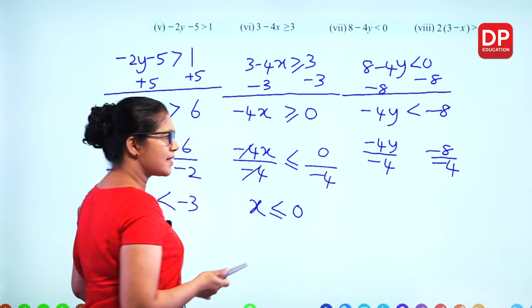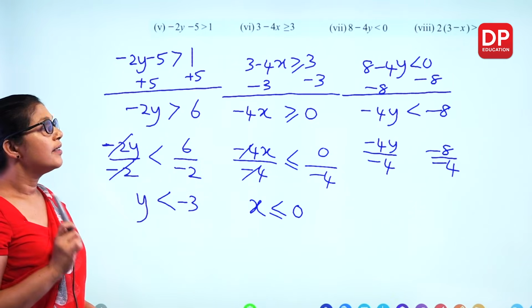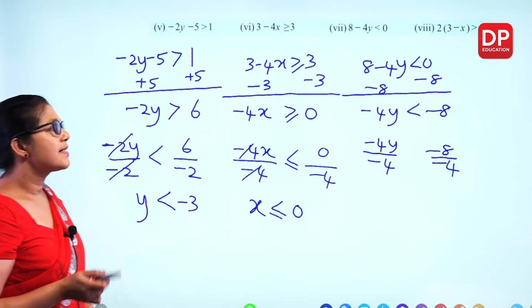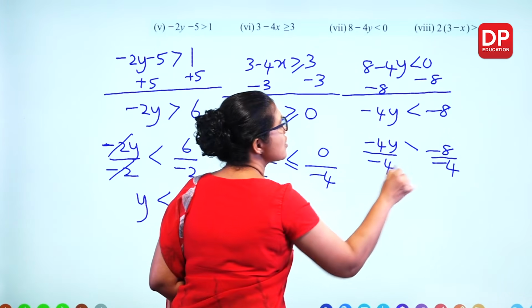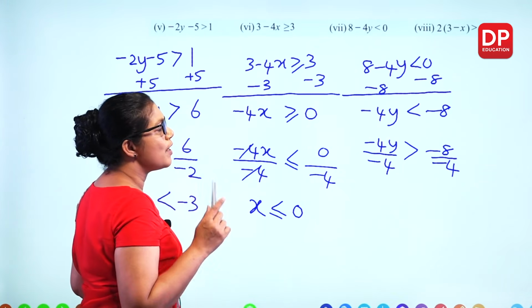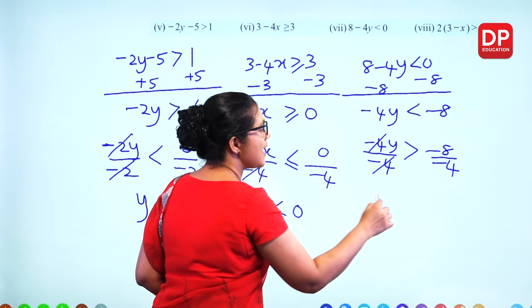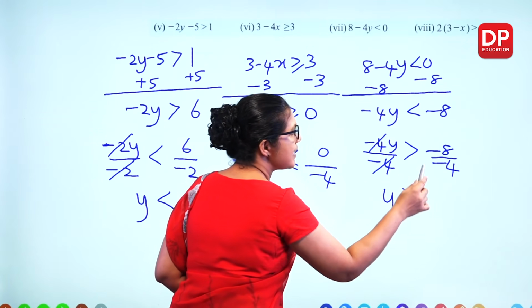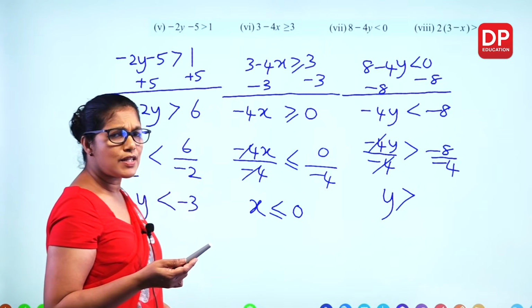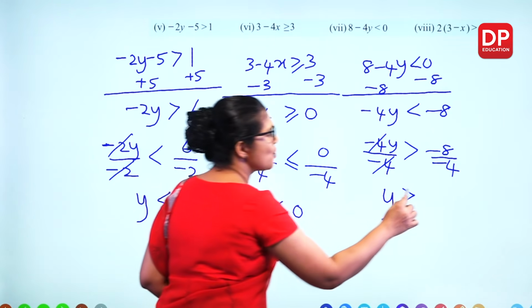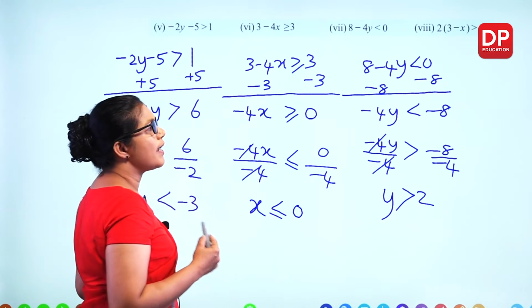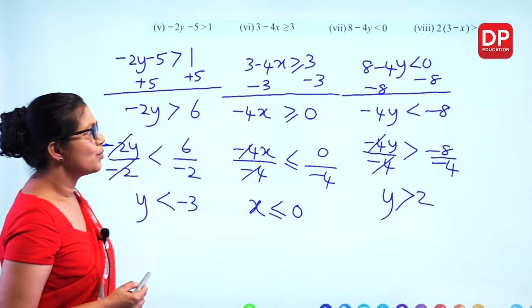Remember, when you divide by a negative number, the sign changes. So you have to change the sign. So minus 4 gets cancelled out. Y is greater than minus 8 divided by minus 4. You get plus 2. So the answer is y greater than 2.